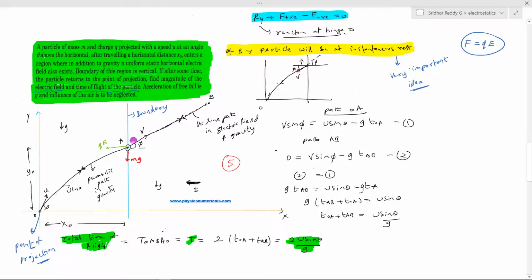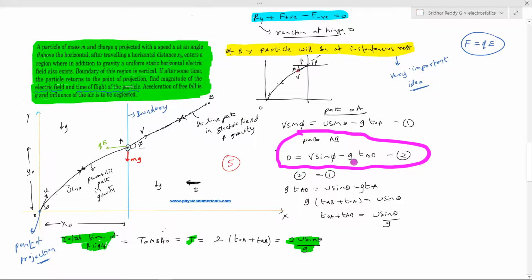This one. So this will be 0 minus V sin phi minus g TAB, V sin phi minus g TAB. This is the equation we applied for path AB. Okay, fine.